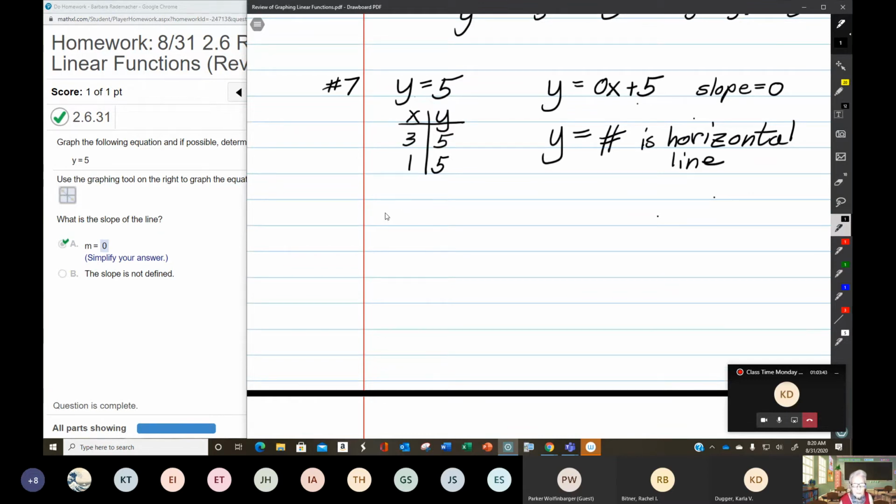I'm going to let x1, y1 be that (3, 5) point, and x2, y2 be (1, 5).